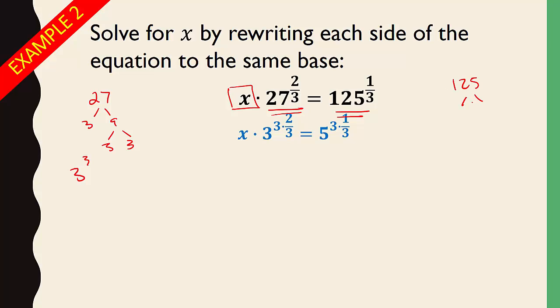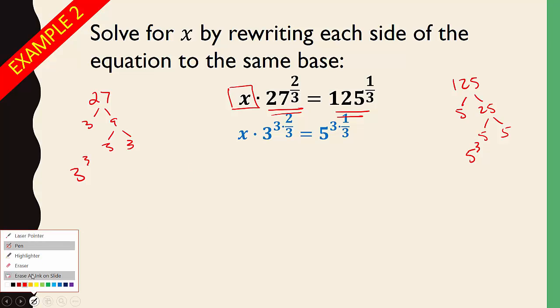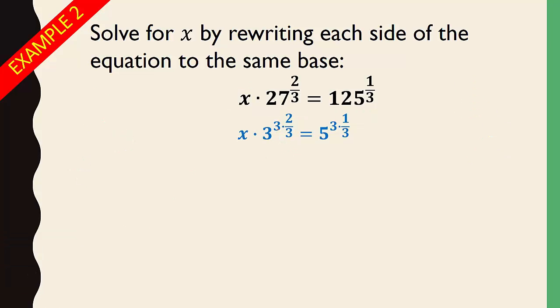125 can be written as, now keep in mind, to write anything to a power, if you're going to try and break it down like this, they all need to be the same number. You can't have any other number in here. So this can be written as 5 to the 3rd power, which you can see that I did right there. The reason I did that is because now I have something equivalent to the denominator, which is really what I was going for.